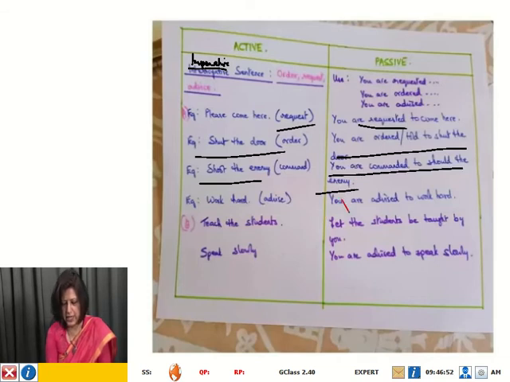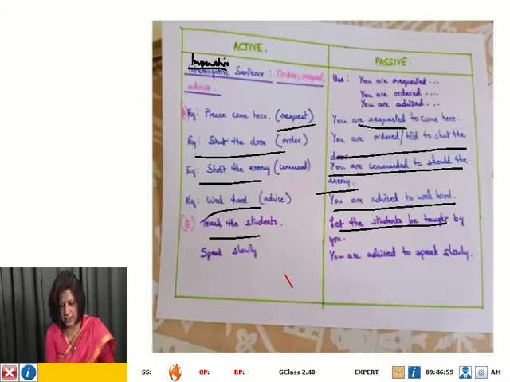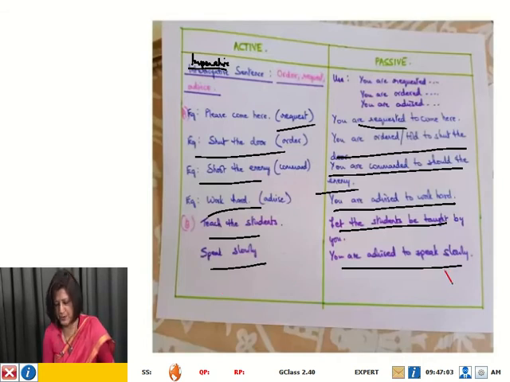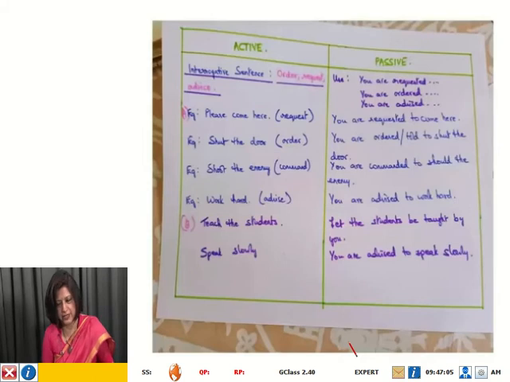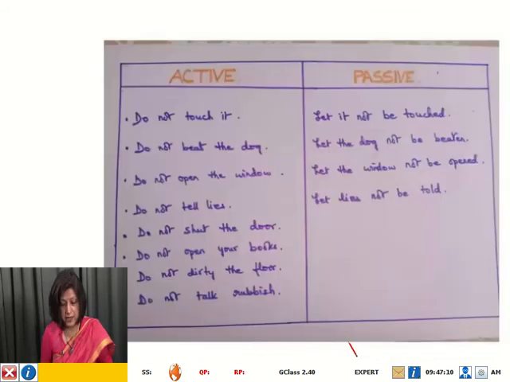Shoot the enemy, you are commanded to shoot the enemy. Work hard is advice, so you are advised to work hard. Teach the students, let the students be taught. Speak slowly, you are advised to speak slowly. Let me do some more examples for you to become more familiar with this.